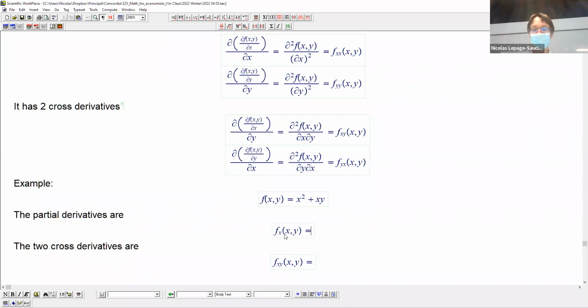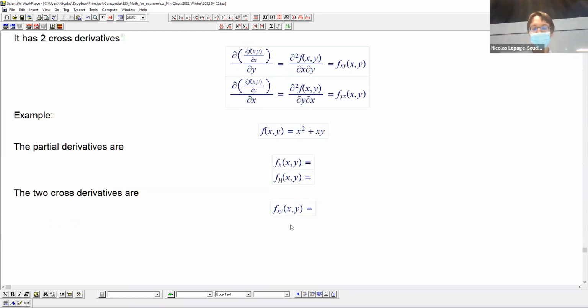I'm just going to prepare my answers, but not write them. And then look at the cross derivatives. So if you get it, you tell me.